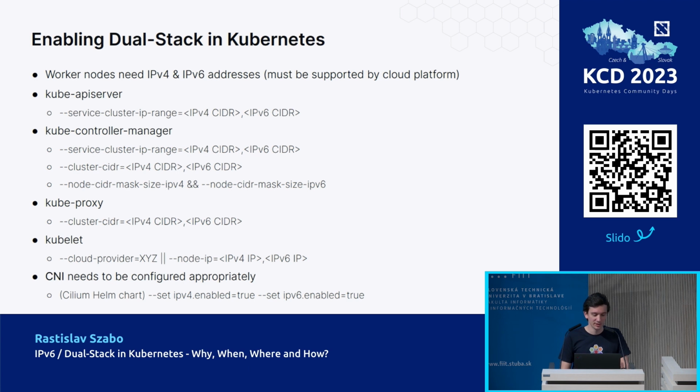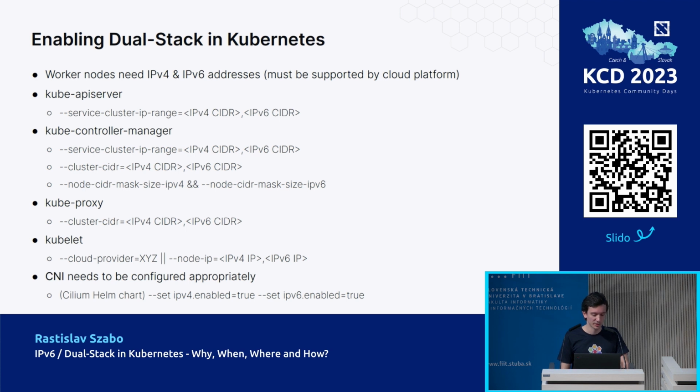And then you need to enable it in 4 places in the control plane: on Kube API server, Kube controller manager, Kube proxy, and kubelet. You need to configure both IPv4 and IPv6 cluster IP ranges and pod IP ranges. And last but not least, you also need to configure your CNI to work with both IPv4 and IPv6.